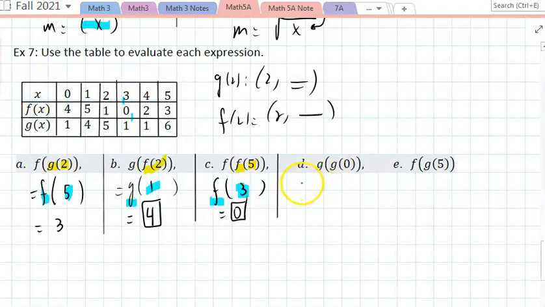And if I go to this, g of, if x equals 0, what does g equal? That's a 1. And now, if x equal 1, still, what does g equal? That's a 4.